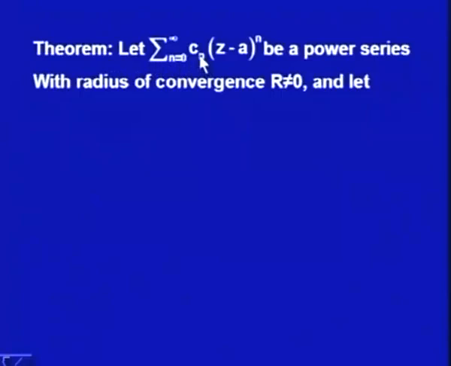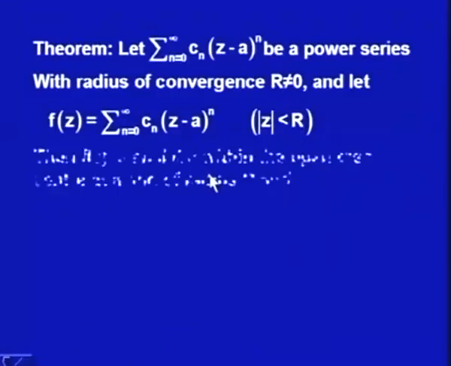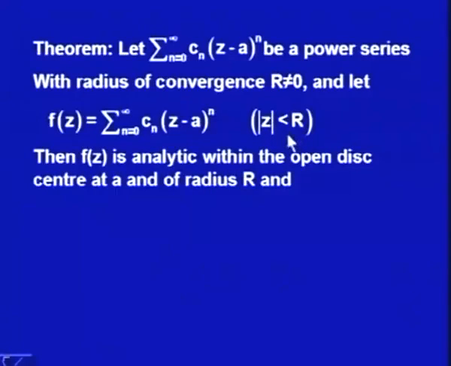Next, if we have a power series with positive radius of convergence r, and f(z) is represented as this whenever |z minus a| is less than r, then f(z) is analytic within the open disk centered at a with radius r, and f dash z is equal to the sum from n equal to 1 to infinity of n c_n (z minus a) raised to power n minus 1.